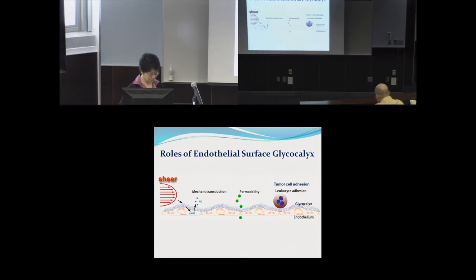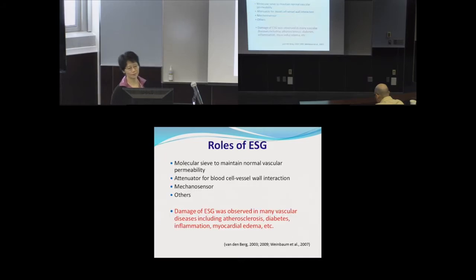Because of these important roles, a lot of people like to investigate it. In the pathologic state, people find this surface layer was damaged during many vascular diseases, including atherosclerosis, diabetes, and other cardiovascular diseases.